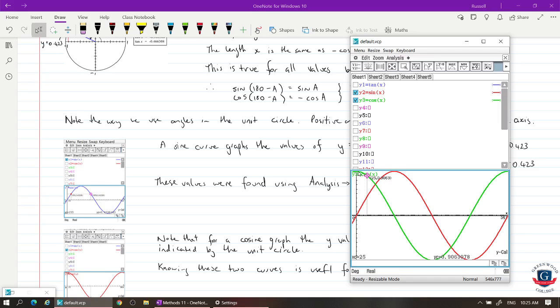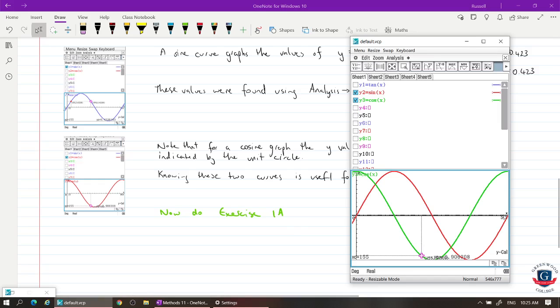So very close to 1. If we looked at 155, I want the other curve, please. We'll find that the answer is now negative. There it is down there. And the same value, 0.906.